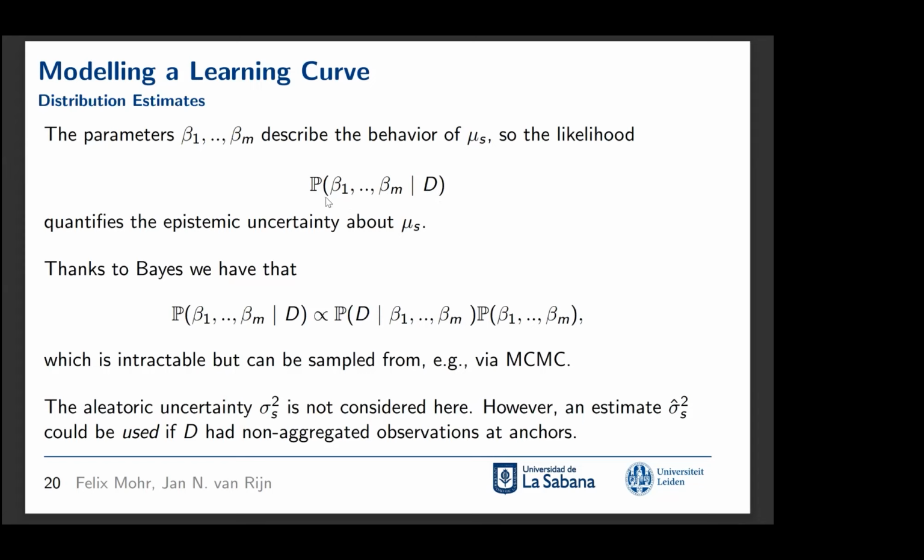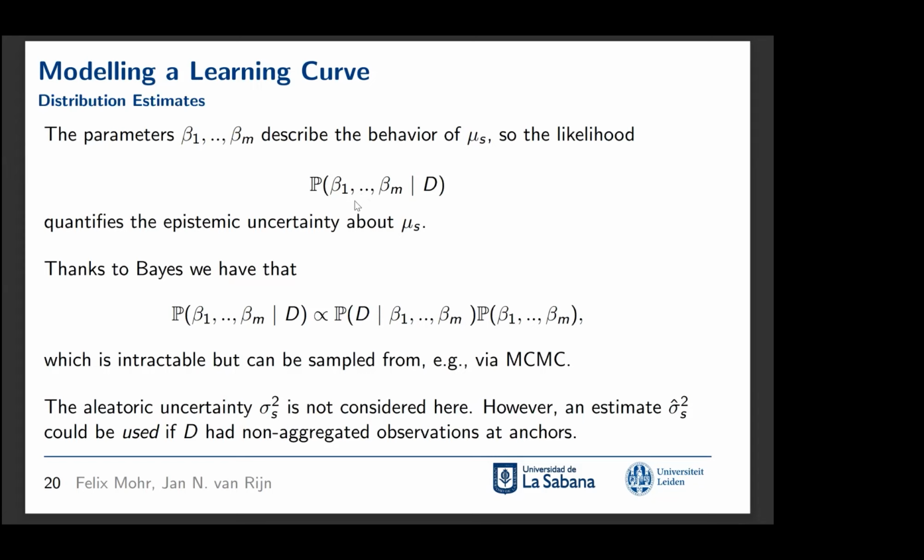In fact, this is nothing else than the characterization of the epistemic uncertainty. Because if we are absolutely certain about how this mean looks like, then this here will be a Dirac distribution that assigns probability 1 to exactly one configuration and 0 to everything else.